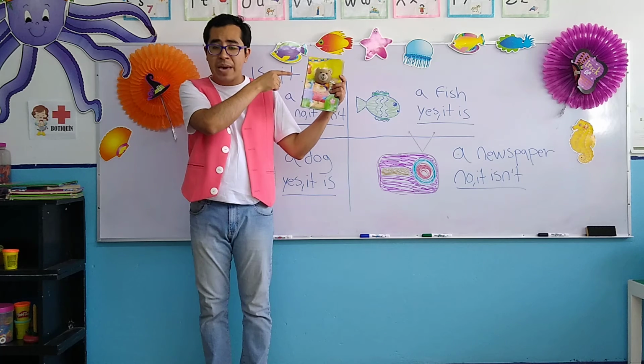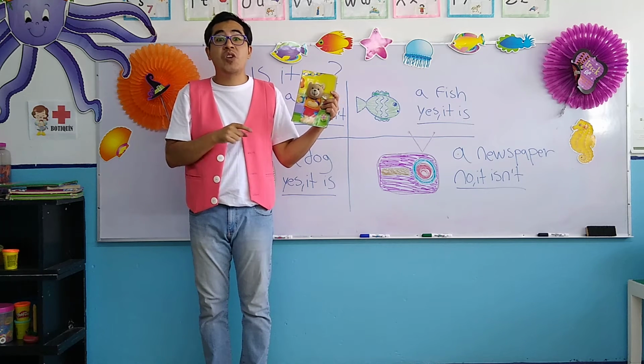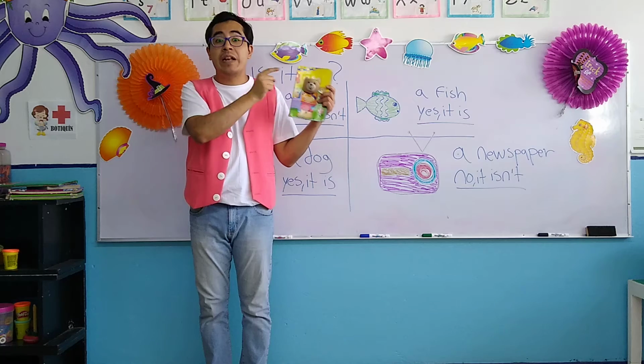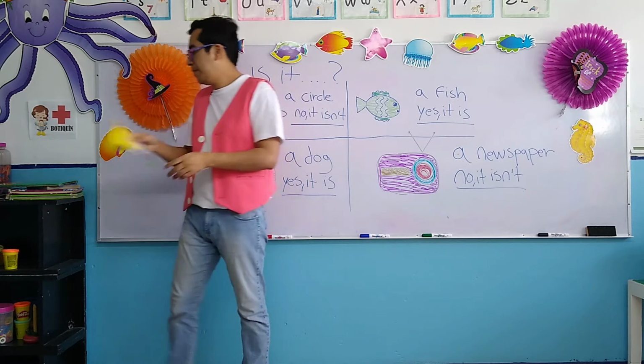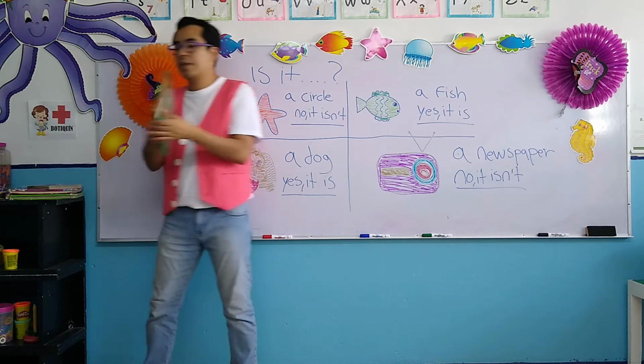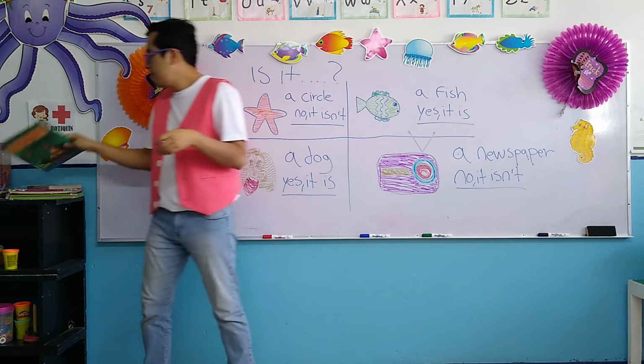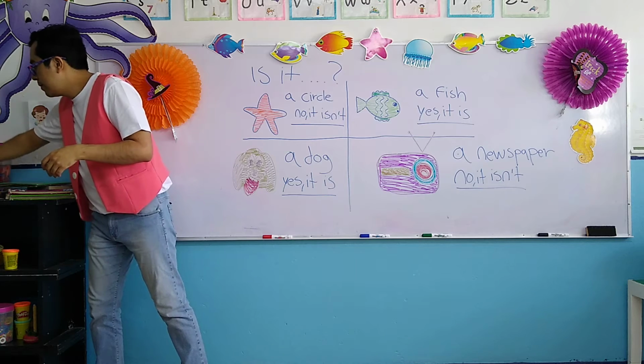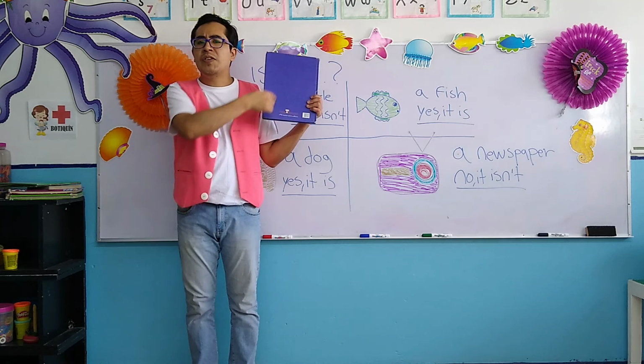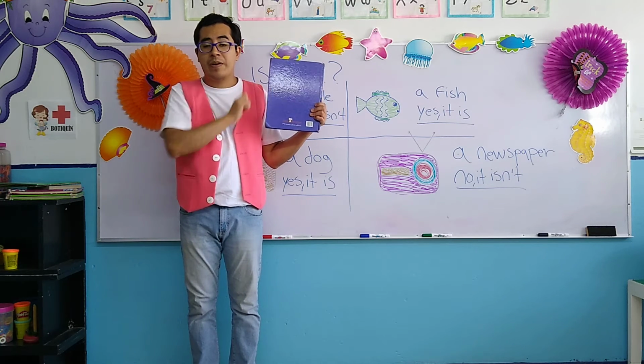Is it a bear? Remember, we have to say is it plus the name of the object. Is it color green? Is it color purple? Okay.